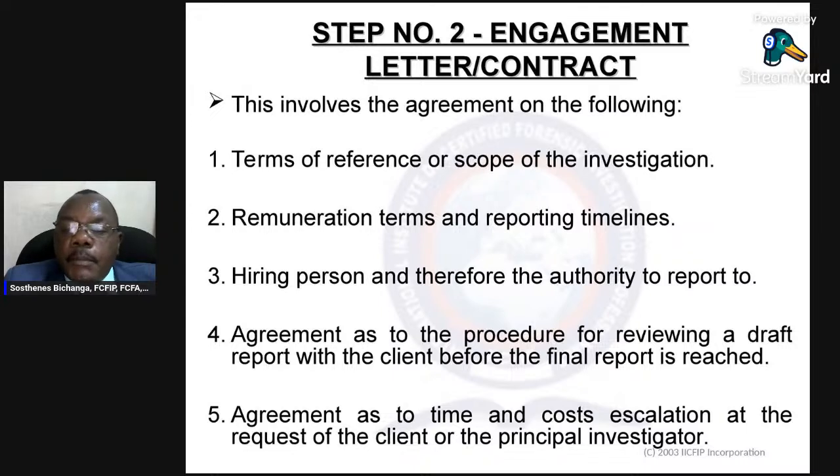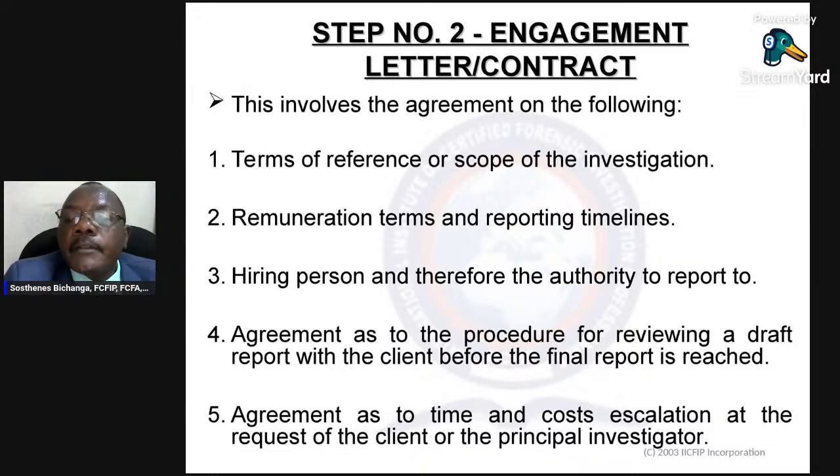Compensation will be proposed by the investigating firm or the principal investigator and will be negotiated with the client or the person representing the client, who is usually the chief executive officer, and then the amount agreed will be put in the engagement contract or the engagement letter, including the agreed expense reimbursements, which will be additional to the basic compensation agreed.